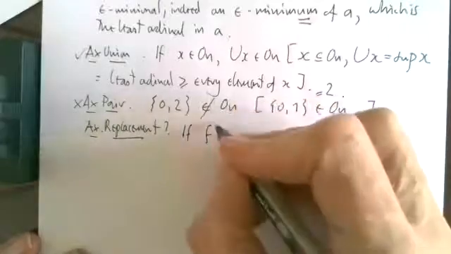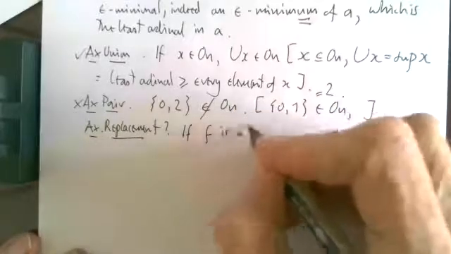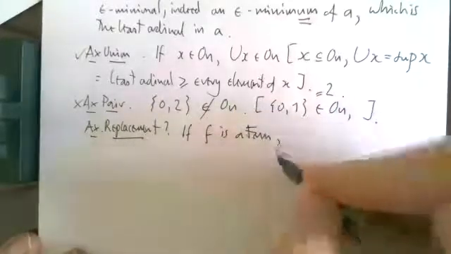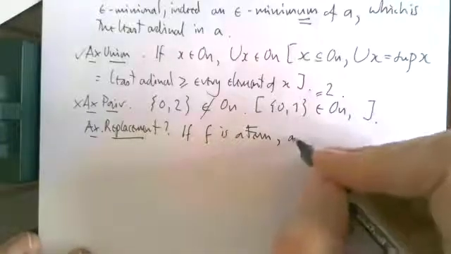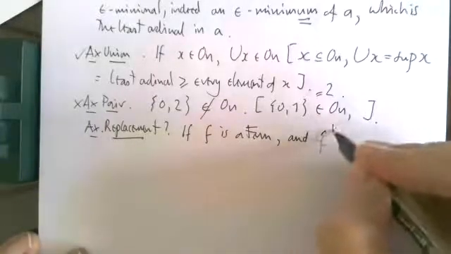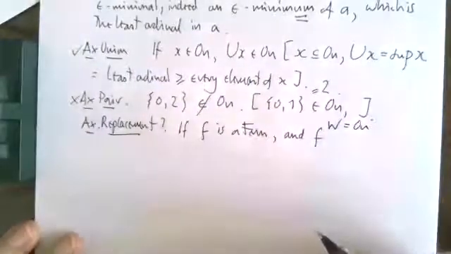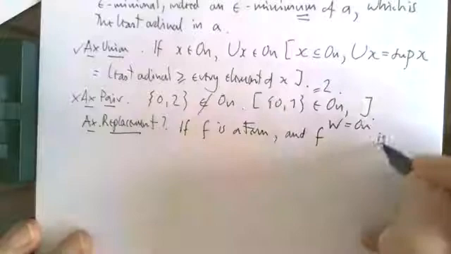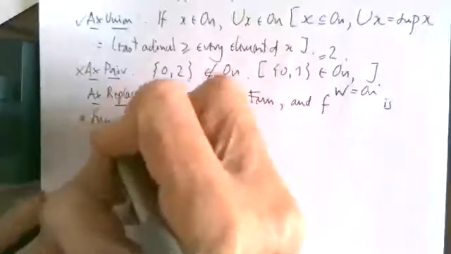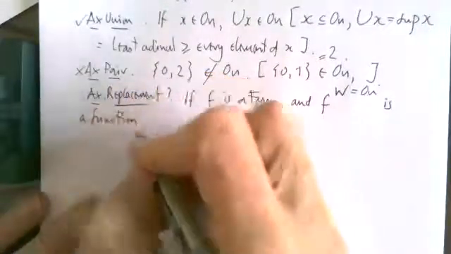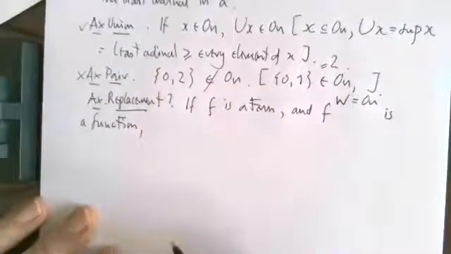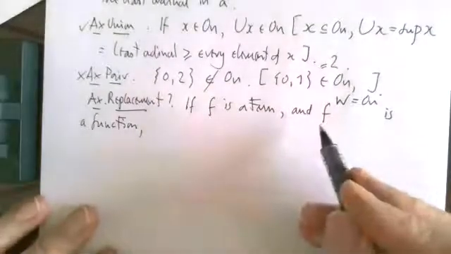So if f is a term, and f as defined in, well, ON is W, and if this is a function, then it's a class of ordered pairs.